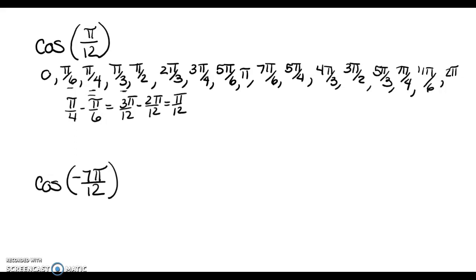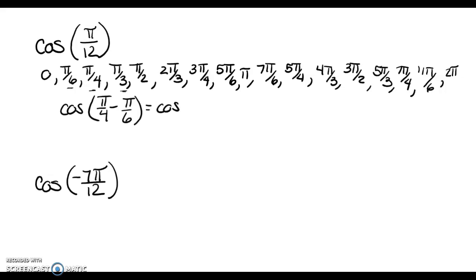So I know these two angles work. So I'm going to use pi over 4 minus pi over 6. This happens to be 30 degrees, and this happens to be 45 degrees. So any two angles that subtract that has a difference of 15 degrees would work for this one. So I have the cosine of pi over 4 minus pi over 6.